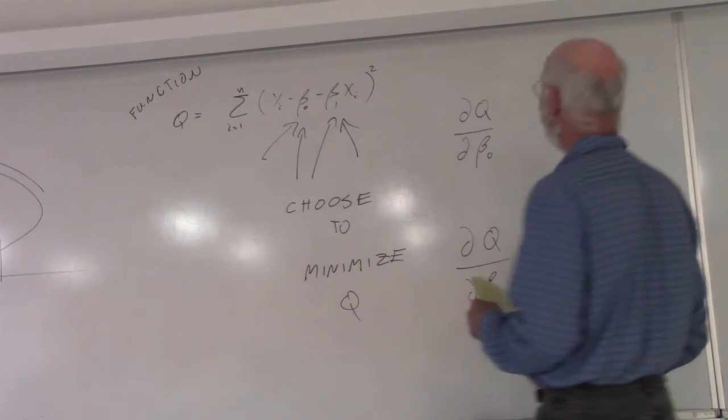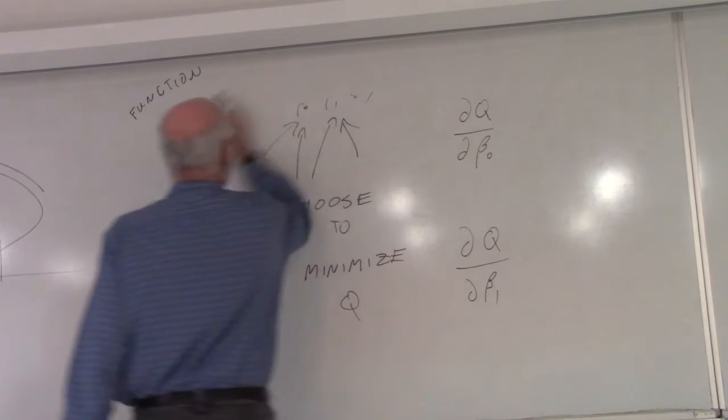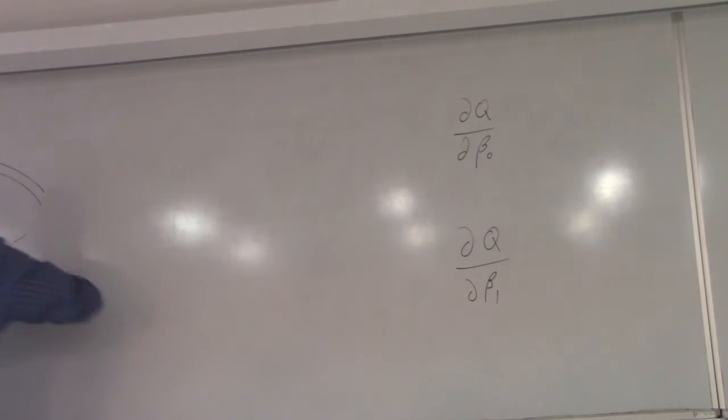So ∂q/∂beta 0 and ∂q/∂beta 1. When we do that, here's the result that we get. These are referred to as the normal equations.